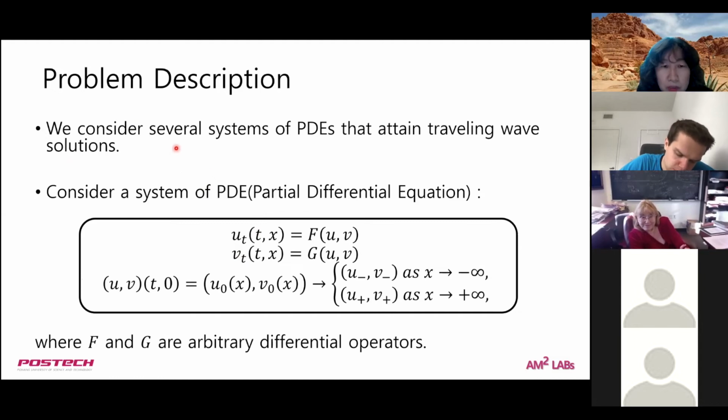Okay, so we considered, as I said, 3 different PDEs that can attain traveling wave solutions, and we start with this general PDE in the paper, like this. So F and G are given differential operators. They can be Korteweg-de Vries, they can be Allen-Cahn, and so on, which allow for traveling waves.